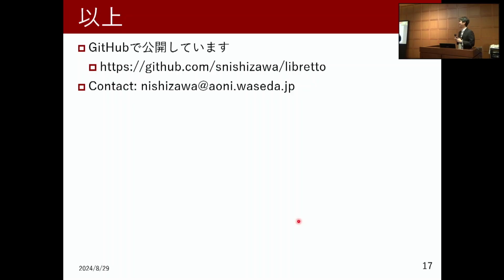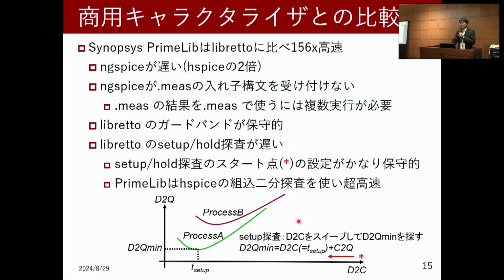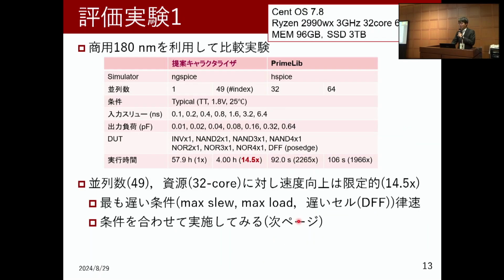Yeah, actually it's a great contribution to this open community, but is the accuracy of this characterization the same as commercial tool? For the combinational cells, the accuracy is somewhat close.